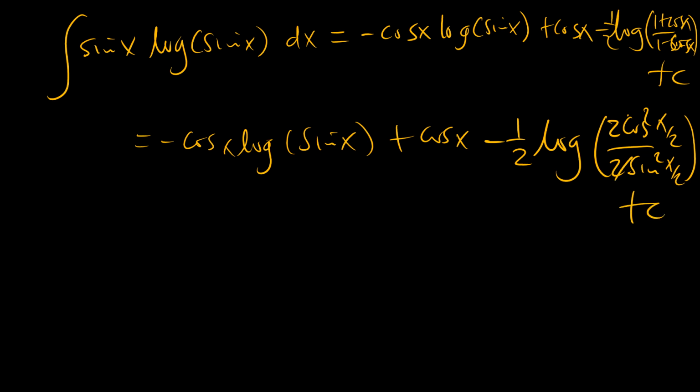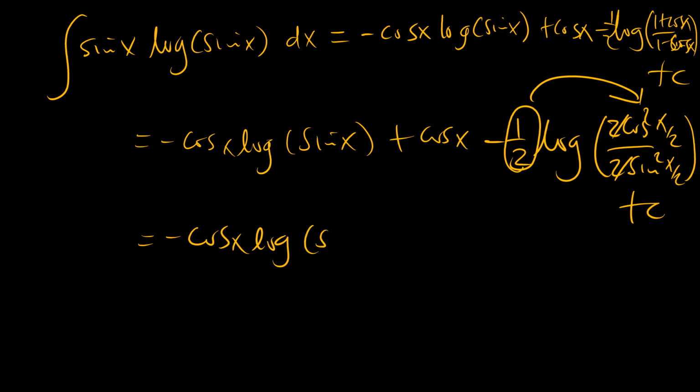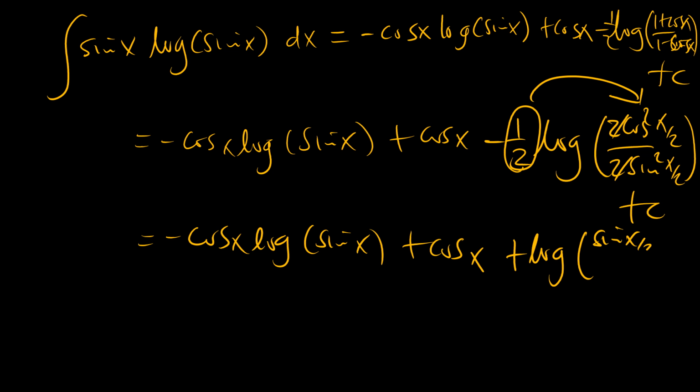See, so we see this cancel, and then this goes up, we get a square root, so we get negative cosine x log sine x plus cosine x, and then when we flip things around it becomes log of sine x over 2, because we've changed the sign, over cosine x over 2. So this becomes tangent x over 2.